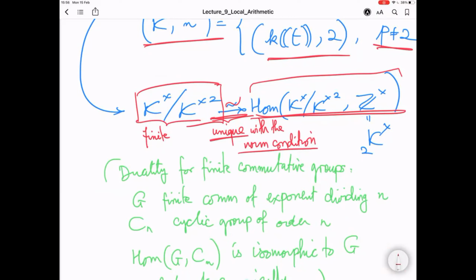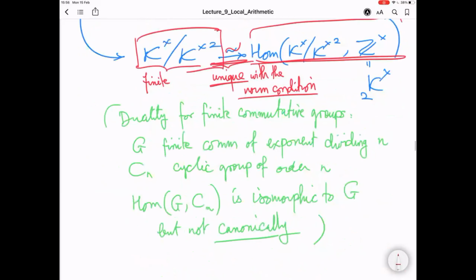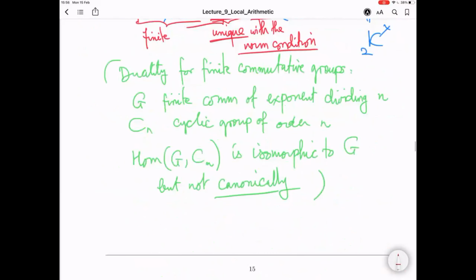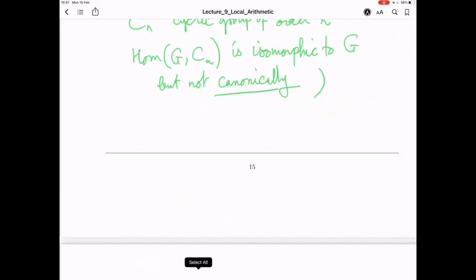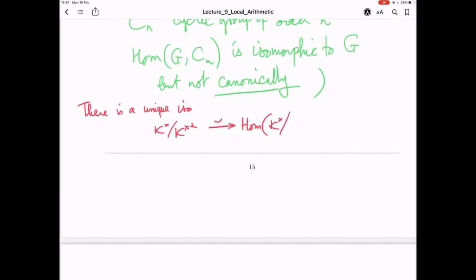Okay, so here, let me recall what that norm condition is. I'm saying there's a unique isomorphism from K star modulo K star squares to Hom(K star, Z star).